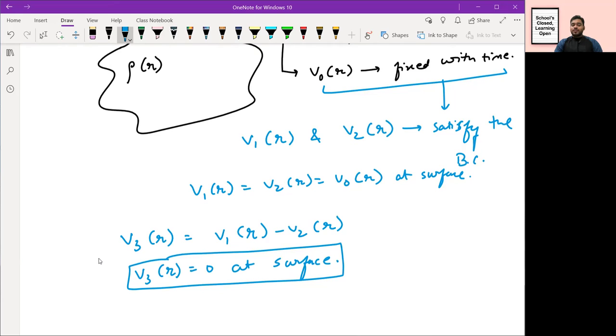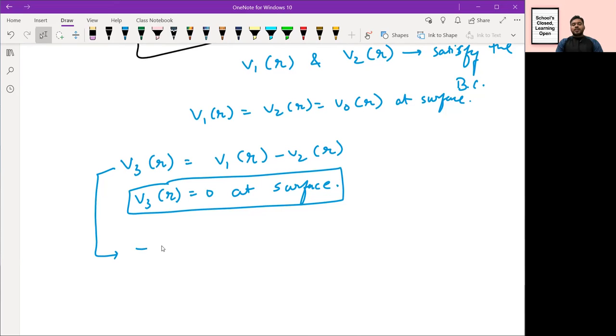Now all that is left for us to prove is that del square V3(r) is going to be 0 inside the volume. If del square V3 is 0 inside the volume, then it will again become similar to the second case, and we can say V1 and V2 are one and the same. Correct? So let's do that.